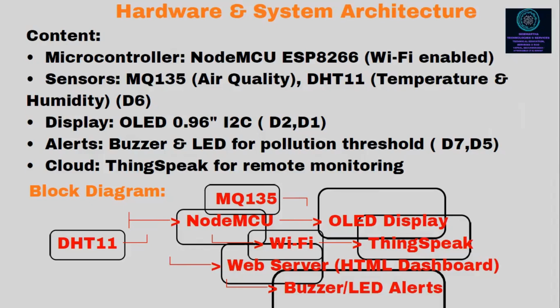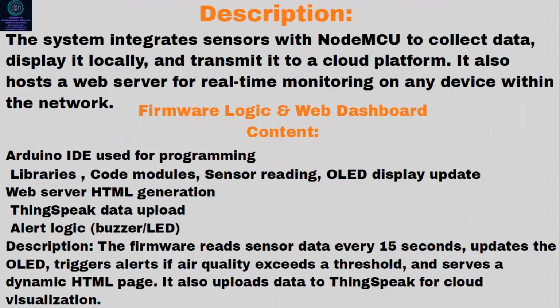And you also have the buzzer and LED alert, which we will see when we go to our lab. So the alert system is also there. You can see it on the OLED display, you can also check it on the HTML dashboard, and you can also check it on the ThingSpeak cloud, right?